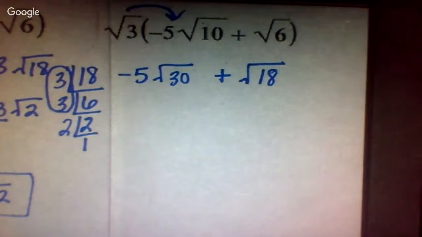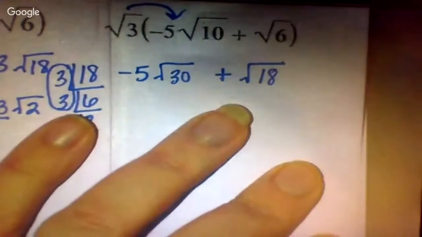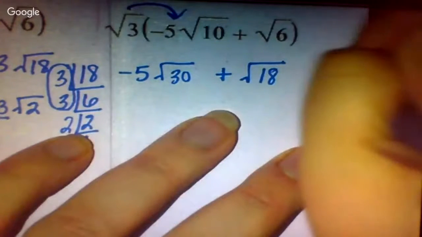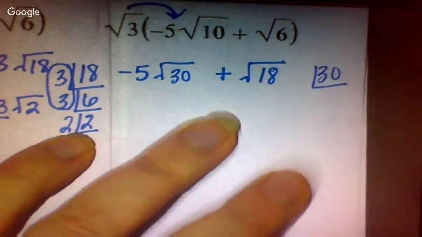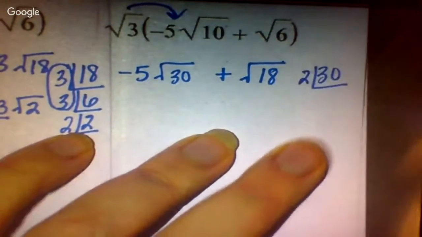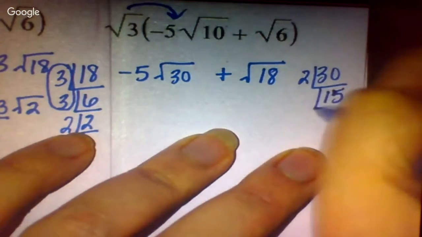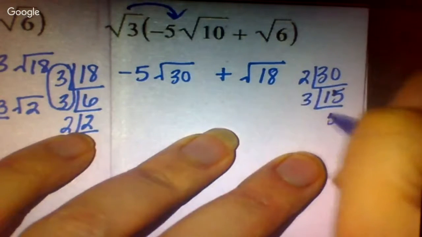Is 30 going to simplify? Yes. This is the part where it becomes long again, but you will not see very many of these. So 30 breaks down into 2 and 15. That's 3 and 5.